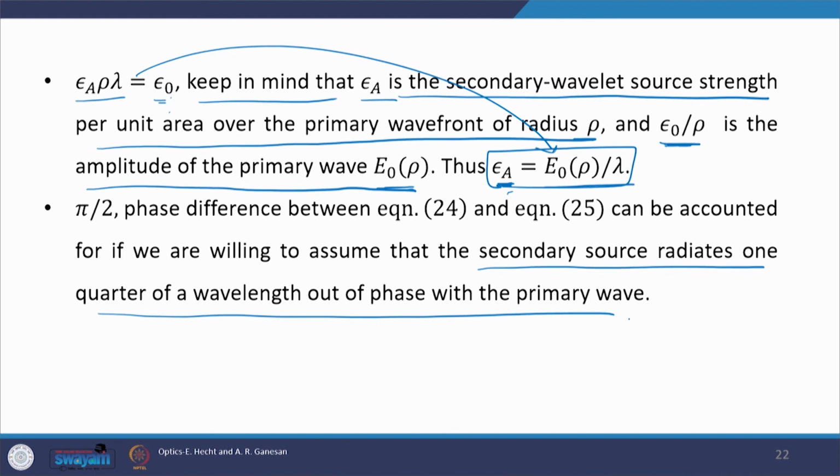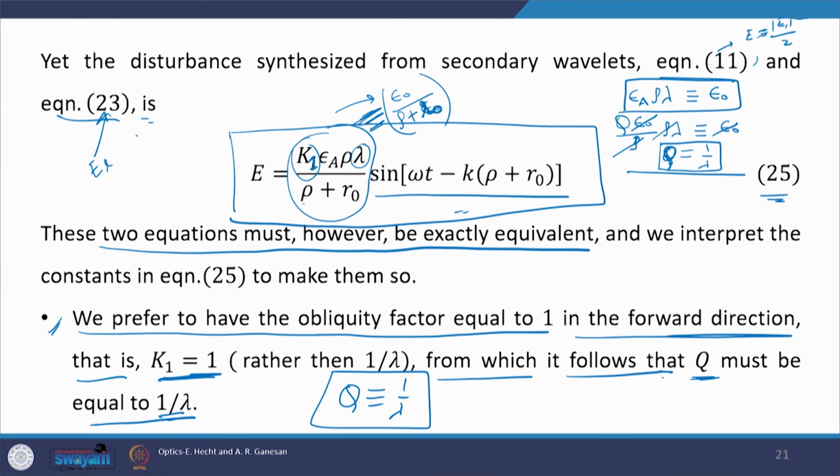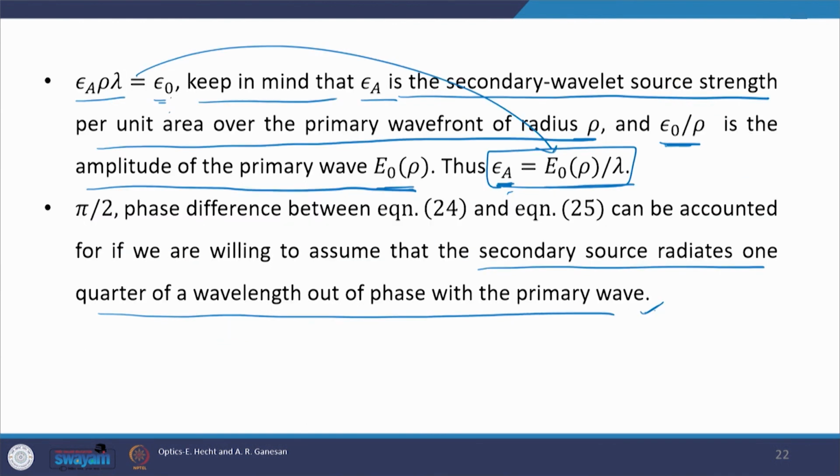If we assume that this is correct, then only equations 24 and 25 say the same thing, then only they will be exactly equivalent. I will talk more on this phase difference between primary and secondary source in a coming lecture, but right now we will just assume that this is so.